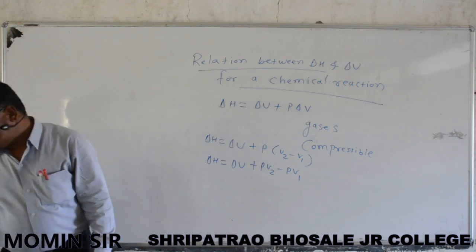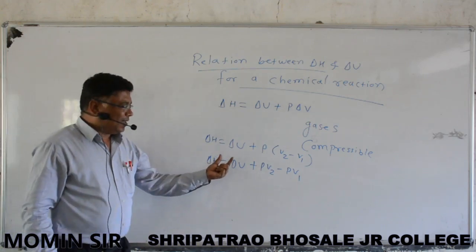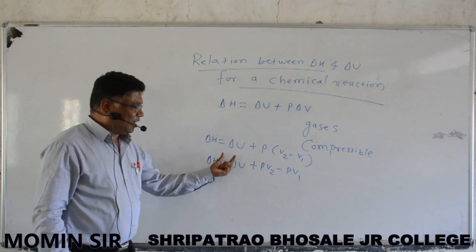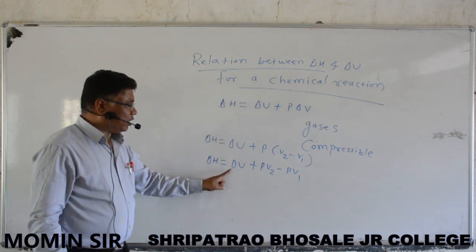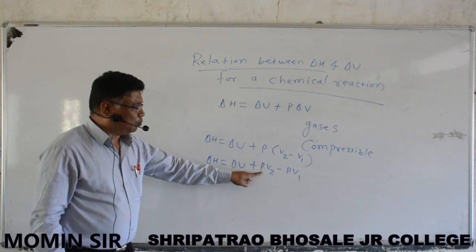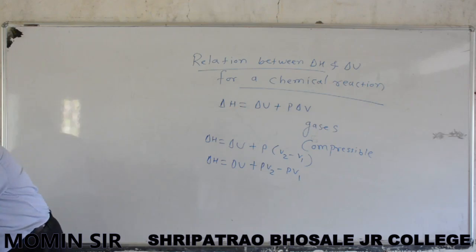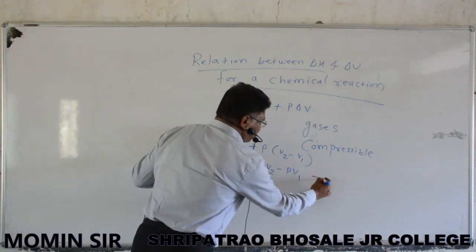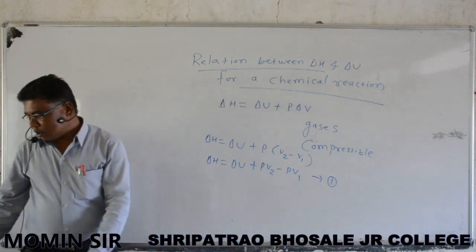So here, for reactions involving gaseous reactants and products, this equation becomes delta H is equal to delta U plus PV2 minus PV1. Now this equation is called equation number 1.